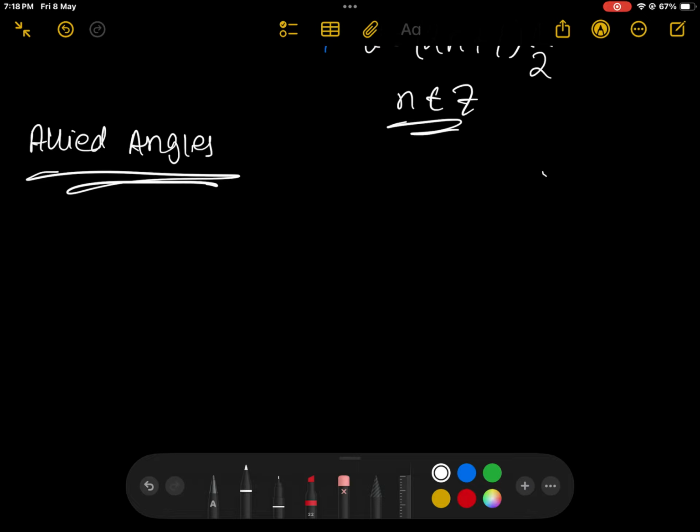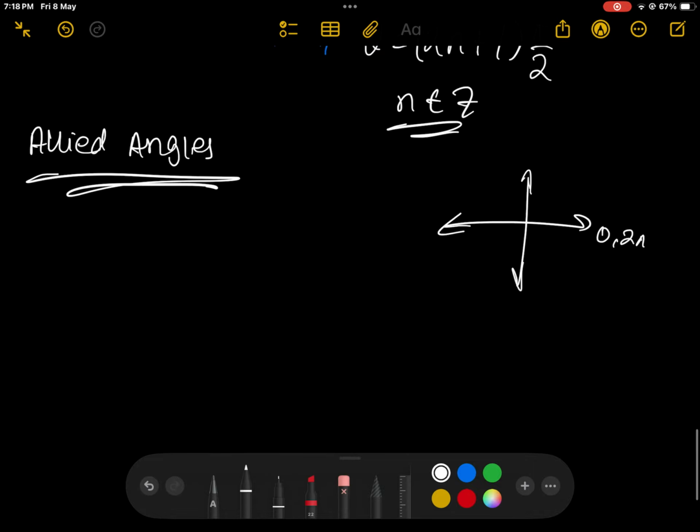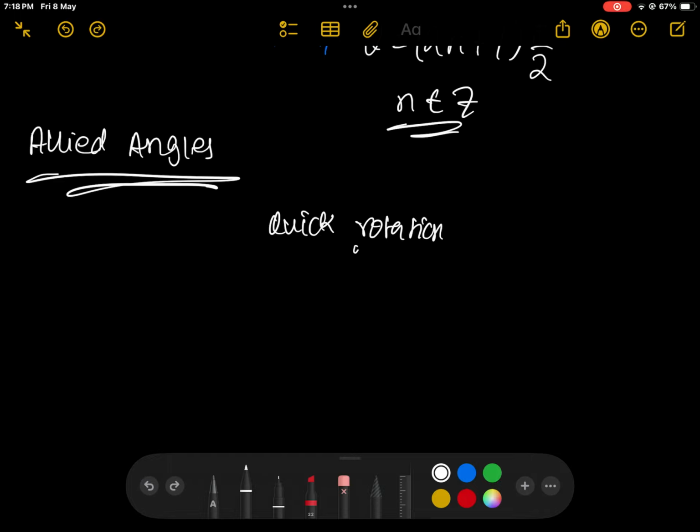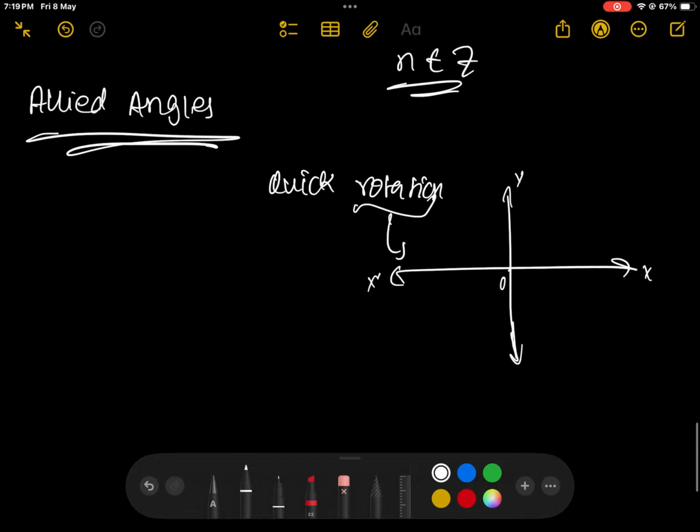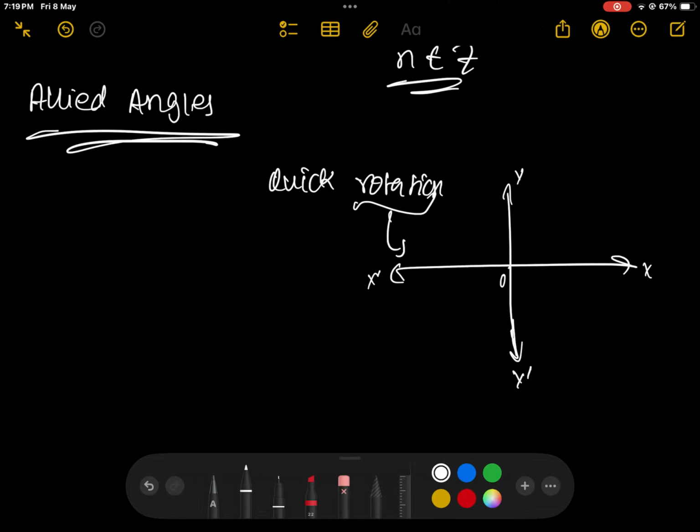Now we go into allied angles. So let me draw a graph that's appropriate. I'll explain it first, and then I'll draw it. We're going to go for quadrant rotations first. Say you have a certain distance, I'll take it as red, and you have to move it to the y-axis.